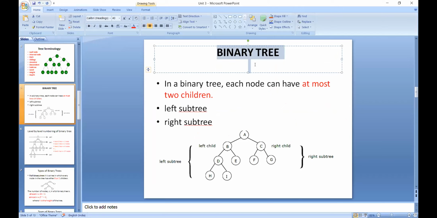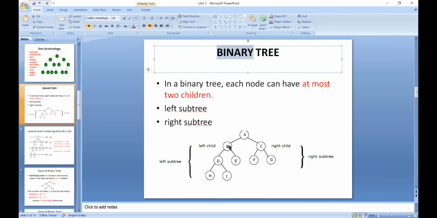So binary, from the name itself we can tell, binary is 2. It can have at most 2, not more than 2. If you take any node, it can have a maximum of only 2 child elements. When you take A, it has at most 2 children, B and C. It can have either 0, 1, or 2 children.